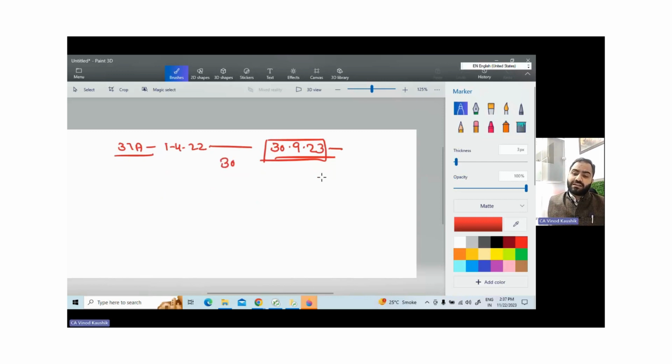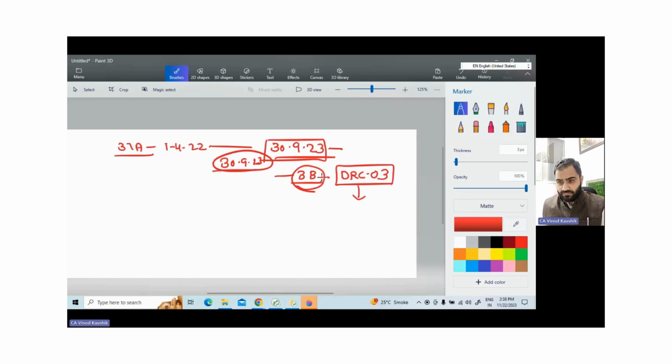If it is not filed by then, they are saying that the supplier has to pay this tax only through 3B. They are not considering DRC-03, which is also one of the modes for making payment. This is again another ambiguity in the provisions. Why are you saying that the tax has to be paid only by 3B? Why can it not be paid through DRC-03? That is again an important question that will be tested in the courts of law.